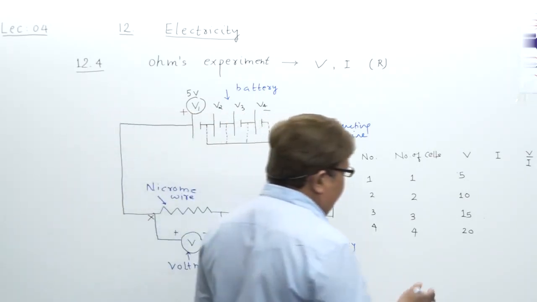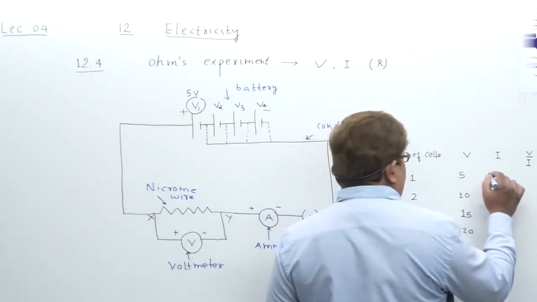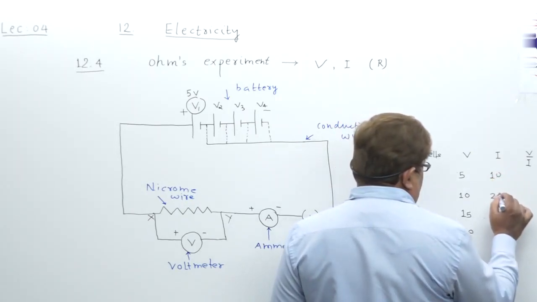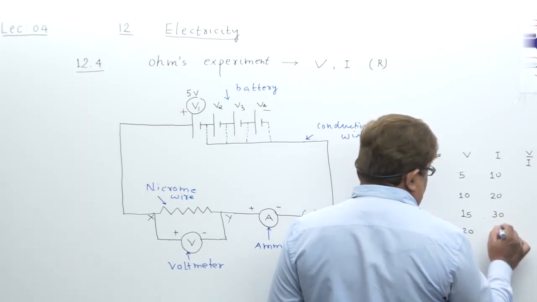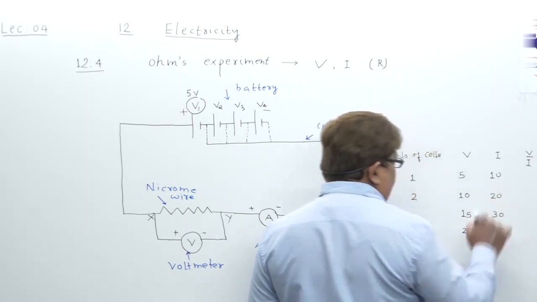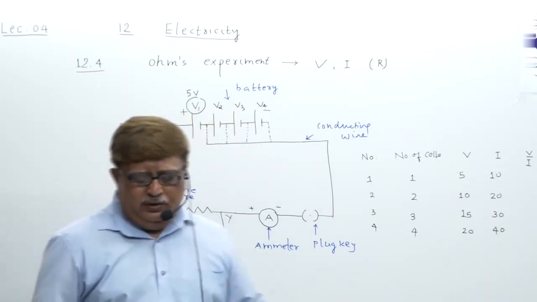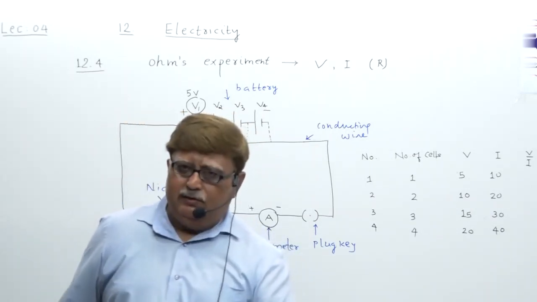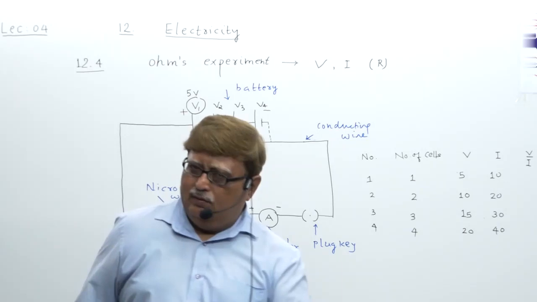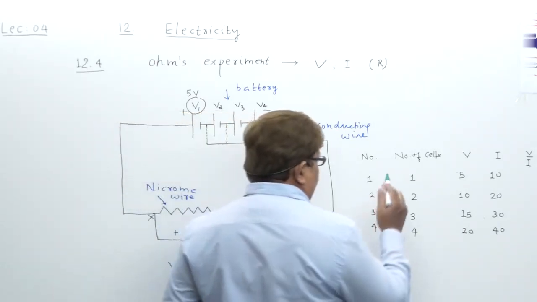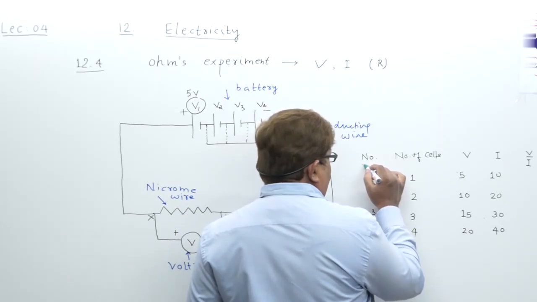Suppose, just for our understanding, I write here 10, then I write 20, then I write 30, 40. Actually, such observations can't be obtained simply in the laboratory, understand? But this is for our assumption and understanding, alright? That we have connected cells in this way.